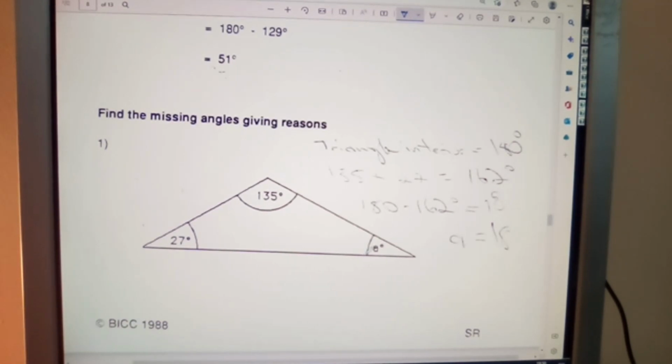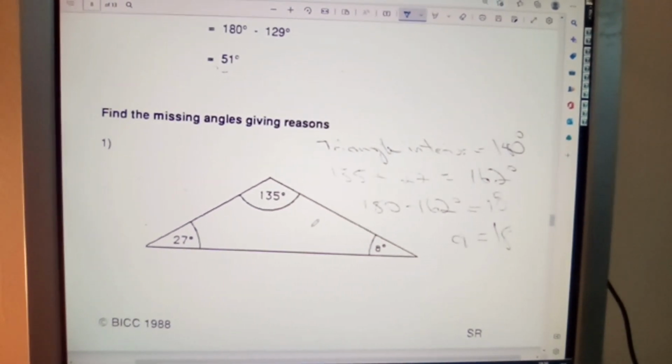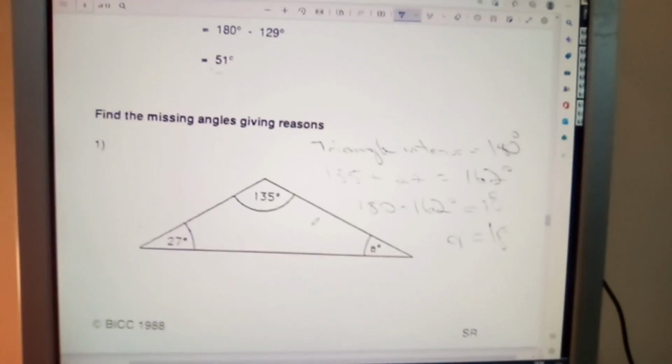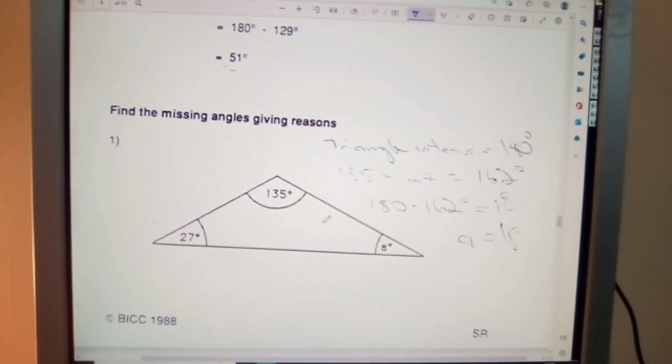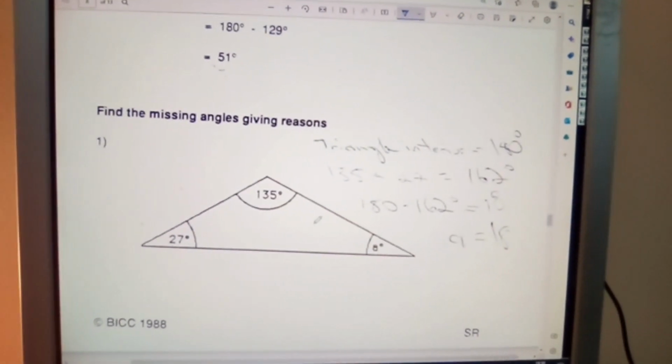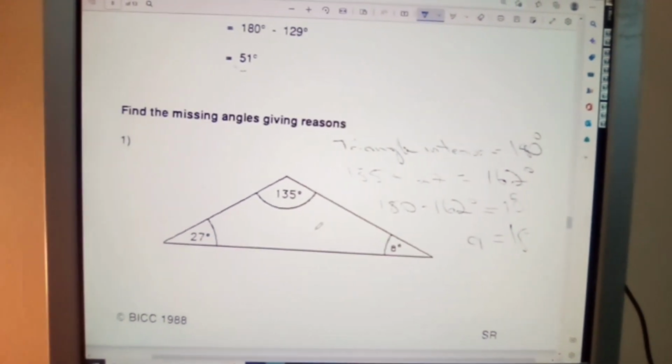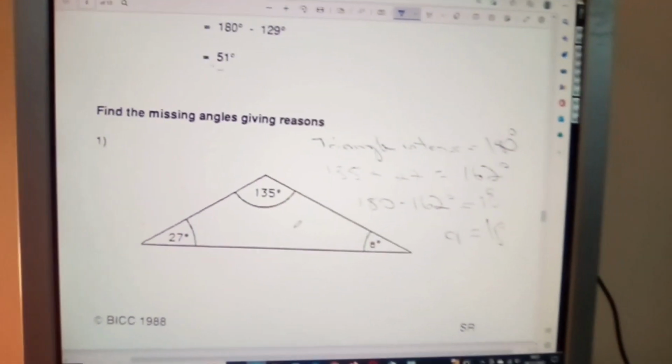But remember, these are things for you to write out yourselves. You need to be able to draw the diagrams of the triangles. Look at what you're doing. Get familiar with different types of triangles. Know which ones you're dealing with.